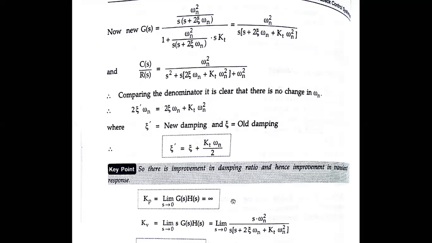You can see in the denominator term here, this value I've written here, and this complete value is being compared with the standard value, which is given by 2 eta dash into omega n. You need to just compare these two values. So once you compare these two particular values here, then you can say that this is my new damping factor denoted by eta dash.